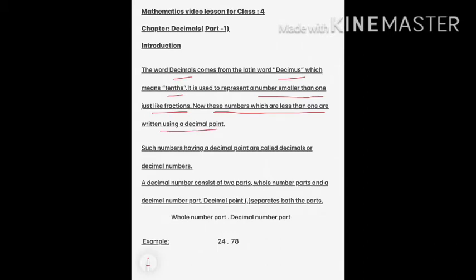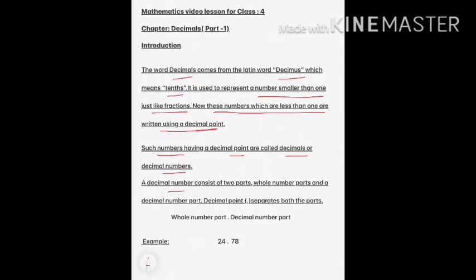When we write a whole number, the last place value always begins with ones. Now if I want to write a number less than the whole number, then I will use a decimal point. Such numbers having a decimal point in them are called decimals or decimal numbers.